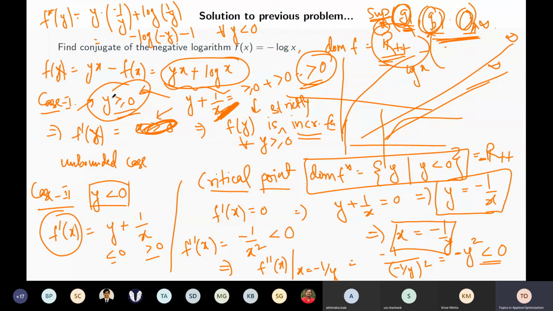For instance, here in case one, I will choose some y1 which is greater than or equal to 0, some y2 which is greater than or equal to 0, and so on. Then I check, for y1, are these bounded for all x in the domain, which is positive? No. Then I go for y2.